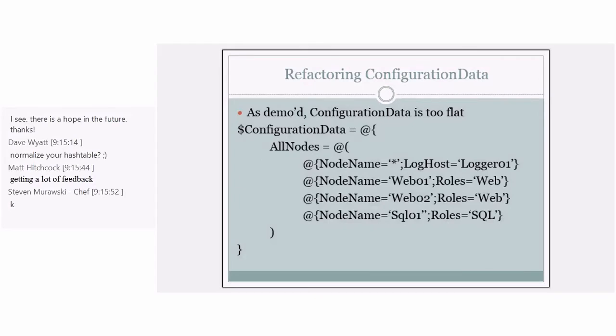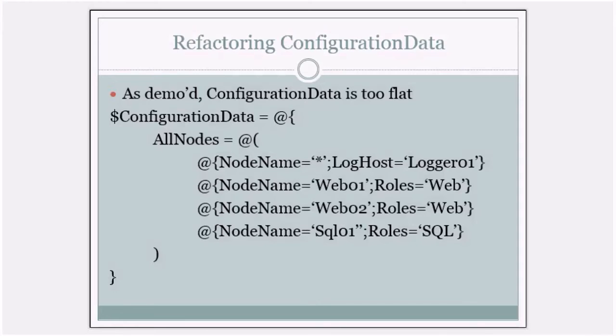Configuration data is just a hash table. The PowerShell team already made all nodes and created especially a configuration document. And they've asked that we leave alone any keys that would start with a PS. That's their prefix that they're going to keep. But other than that, it's kind of the Wild West for us to create keys, because this configuration data gets passed into our configuration document and is available for us then to use.